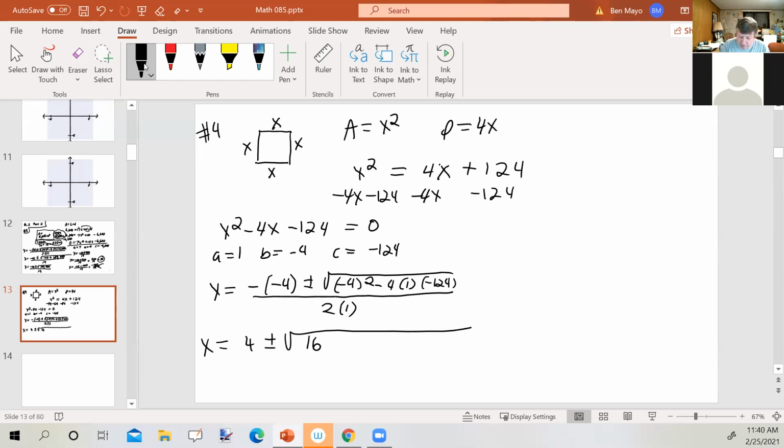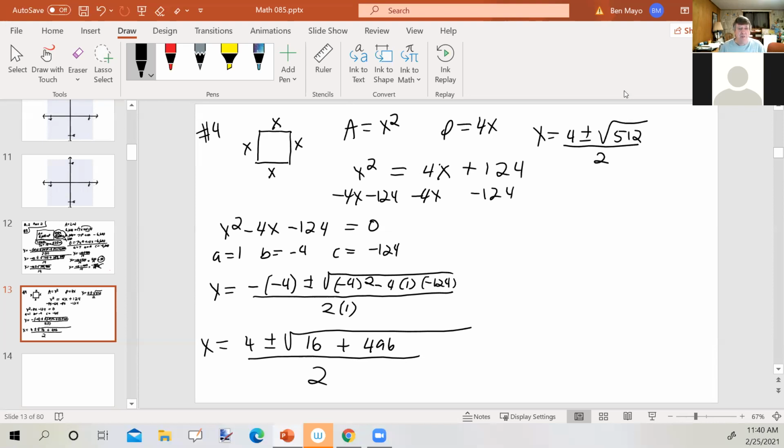Then we've got negative 4 times 1 times negative 124, so that's going to be a plus. And 4 times 1 times 124 is 496. All that divided by 2. So X equals 4 plus or minus the square root of 496 plus 16, which is 512, all divided by 2.